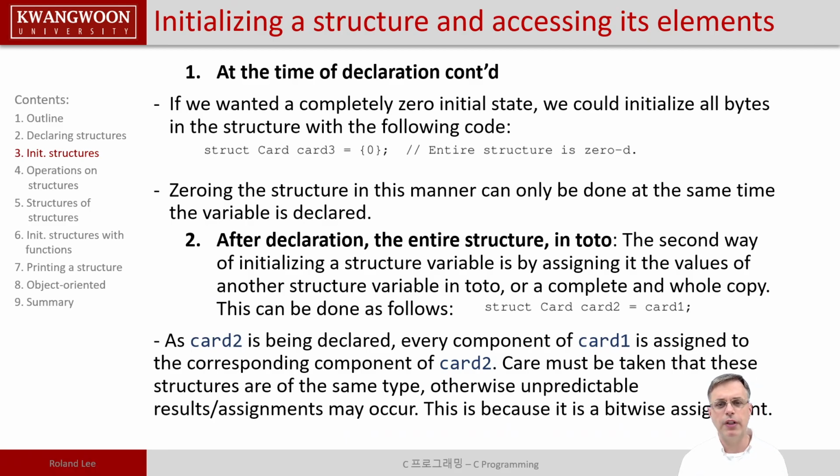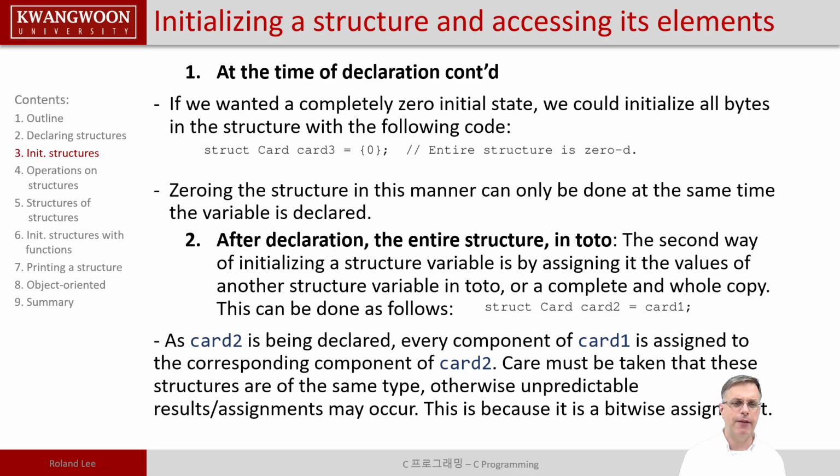Zeroing the structure in this manner can only be done at the same time the variable is declared. After declaration, the entire structure in toto. In toto means nothing else but as a whole, in all, overall.